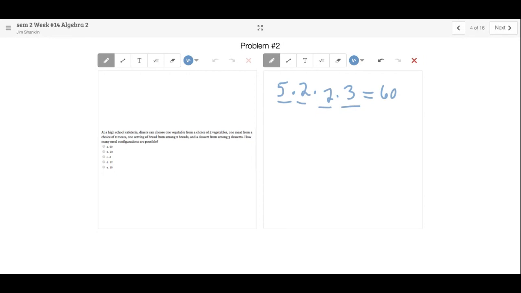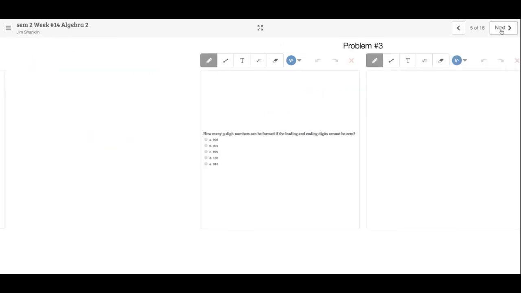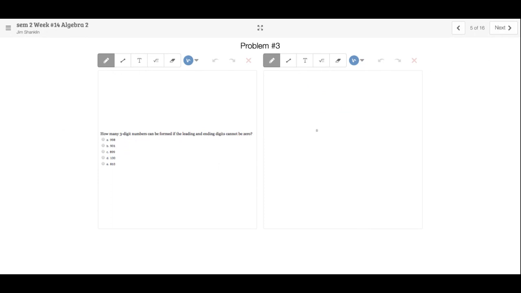Problem number 3. It says, how many 3-digit numbers can be formed if the leading and the ending digits cannot be 0? Oh boy. In this problem, I'm using the fundamental counting principle right off the bat.